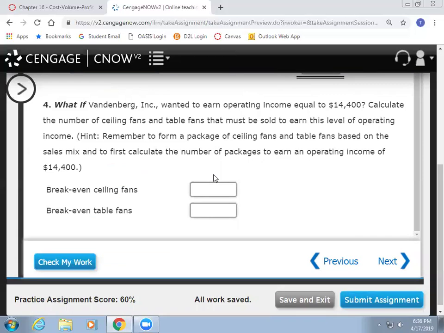So you should get, in this case, 840 packages. So again, for ceiling fans, it would be 840 times 3. And table fans would be 840 times 7. Okay, so at least it's not a super long what if.